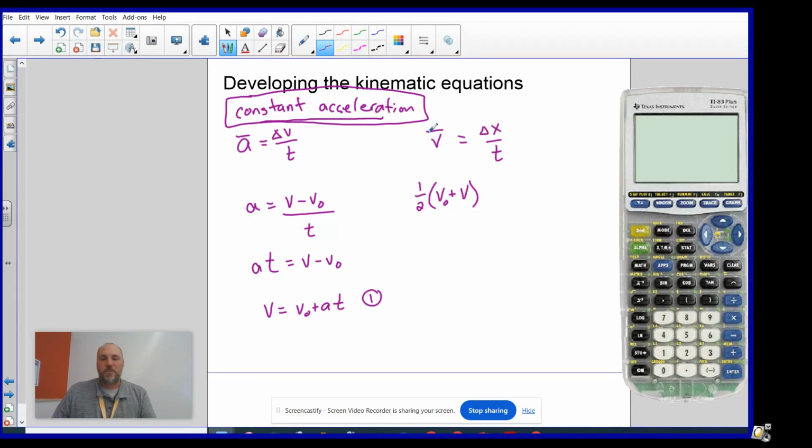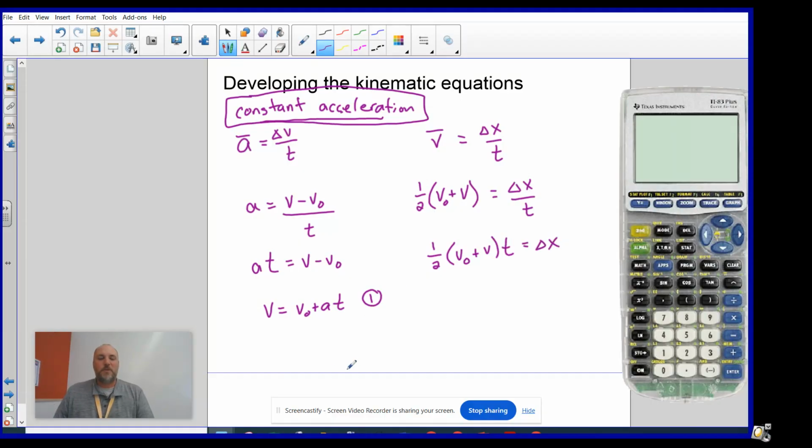So my average velocity is 1/2 times v initial plus v final, but we know average velocity can always be found by doing displacement over time. So I'm going to go ahead and move t to the other side. So I have 1/2 times v initial plus v final, times t, is equal to the displacement.